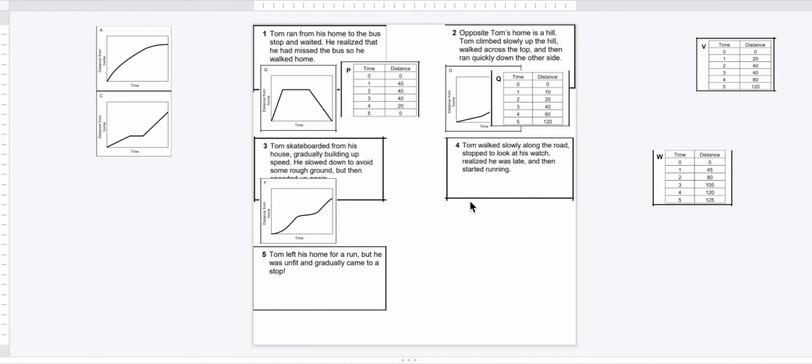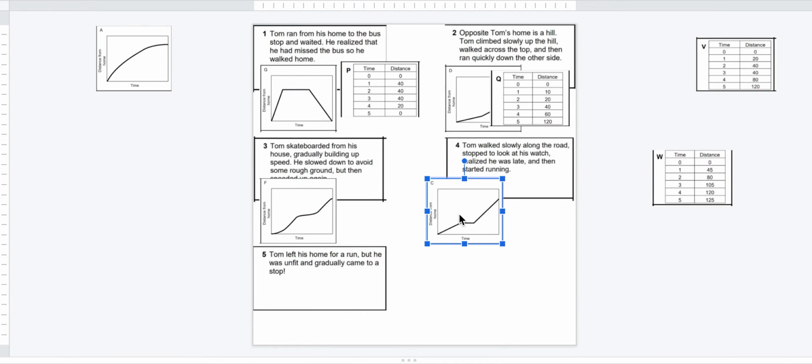Let's look at 4. Tom walked slowly along the road, stopped to look at his watch, realized he was late, and then started running. This is like me every morning getting ready for school. Walked slowly, stopped, then ran, right? So, again, we saw that this showed a stop in it. Slowly stop running.